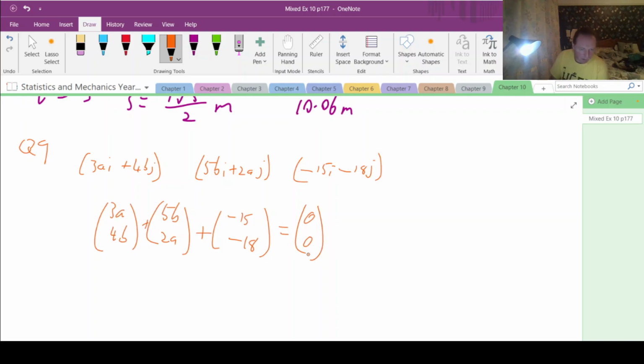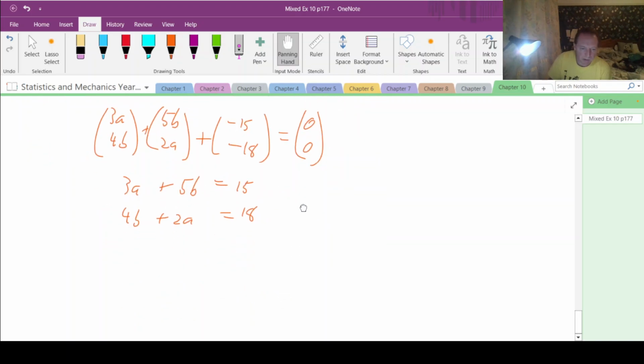It's in equilibrium, it is not moving. So we have 3a plus 5b equals 15, just moving the 15 to the other side, and 4b plus 2a is equal to 18. A pair of simultaneous equations to solve. You don't need to solve these by hand, you can just do it on a calculator.